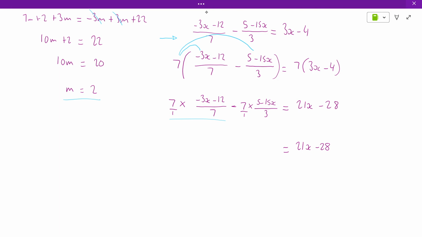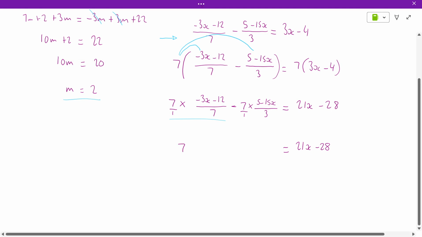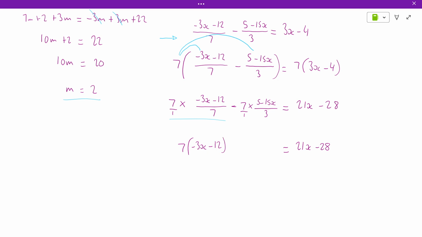It doesn't change the 7. 7 divided by 1 is still 7, but it might help you to just visualize what we're doing when we're multiplying these two fractions. So I'm going to have this first fraction, 7 times negative 3x minus 12, all of that divided by 7, and you can see where this is heading.